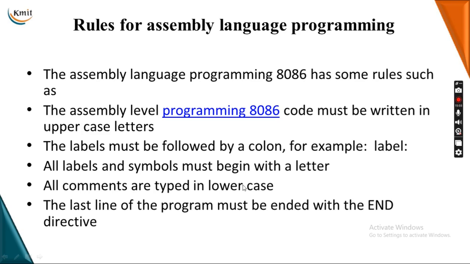All labels and symbols must begin with a letter. All comments are typed in lowercase. The last line of the program must end with the END directive. Code ends, data ends, extra ends, stack ends. We have 4 segments: code segment, data segment, extra segment and stack segment. After completion of the program, you have to end with the END directive. Thank you.